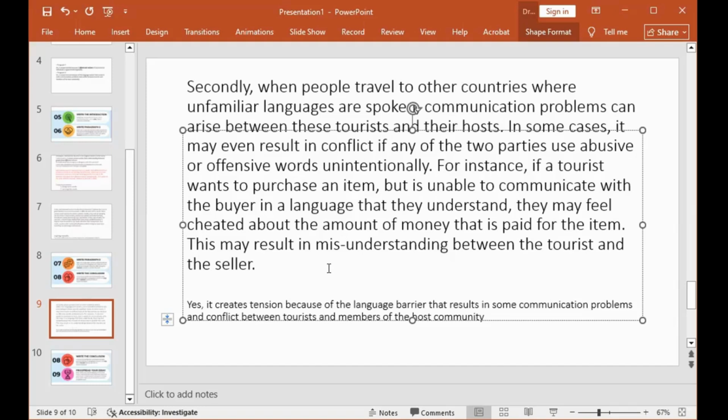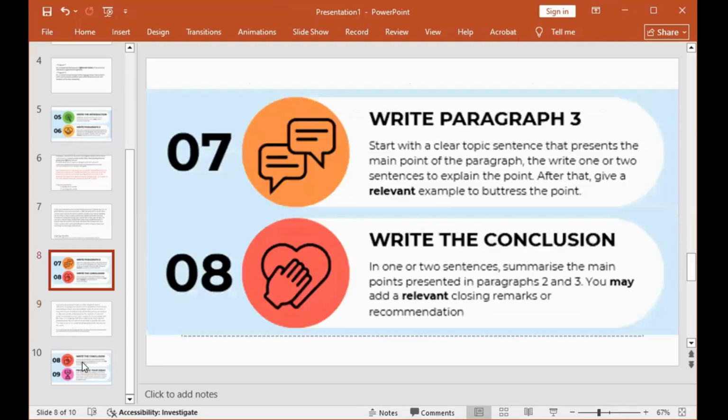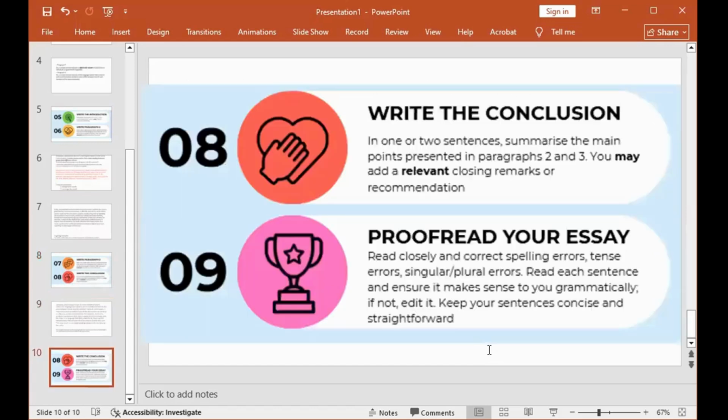So I've done my paragraph 2. Now, what is the last part? The last part is our conclusion. In one or two sentences, summarize the main points presented in paragraphs 2 and 3. So we need to write our conclusion now.